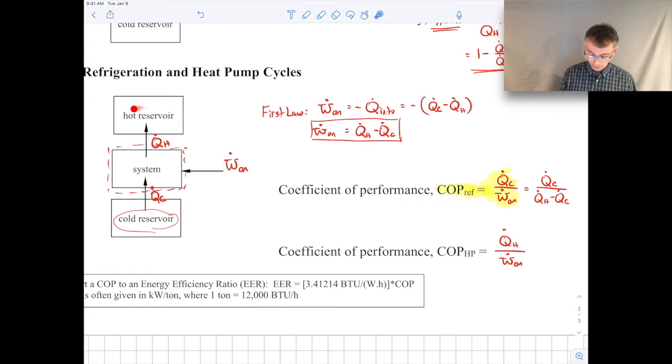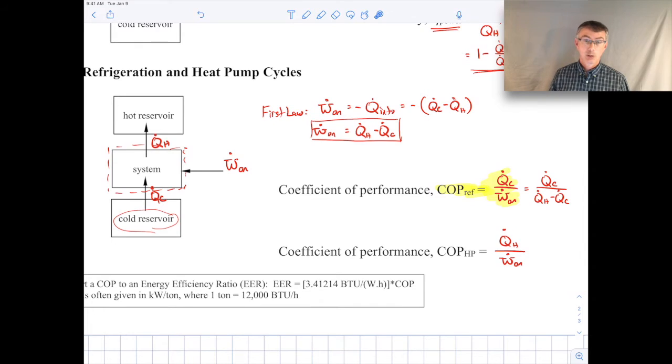In a heat pump, we're trying to put as much energy as we can into the hot reservoir. Again, remember, for a heat pump, the hot reservoir is the interior of your house. The cold reservoir would be like the ground or the surrounding air, for example. So in a heat pump, you're trying to maximize how much energy you get into your house. So you're trying to maximize Q dot H, and you want to do that for as little power in as possible. So that's why it's Q dot H over W dot on.